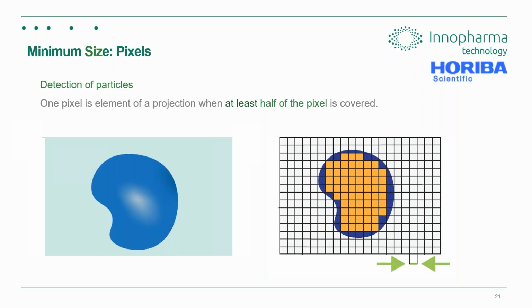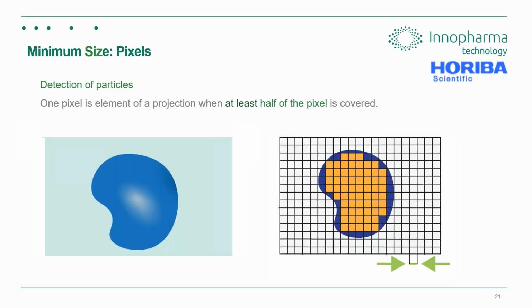If we look at this image on the left, let's say we're looking at a typical particle that's getting projected onto our digital system on the right. This grid is representing pixels. Pixels are quite important because they can define the resolution of your system, among other things. If we look at the little arrows, a single pixel here could be 0.8 of a micron.